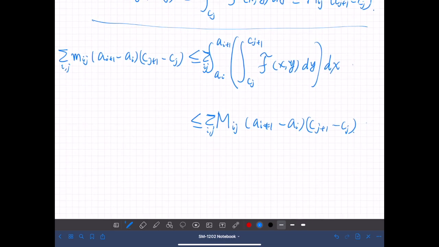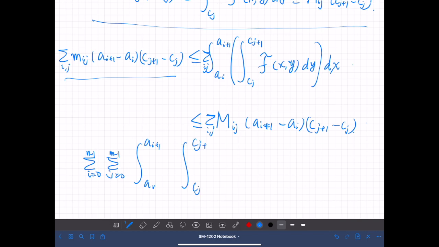So let's consider this part in detail a little bit. i from 0 to n minus 1 and j from 0 to m minus 1. We can move this summation into here.